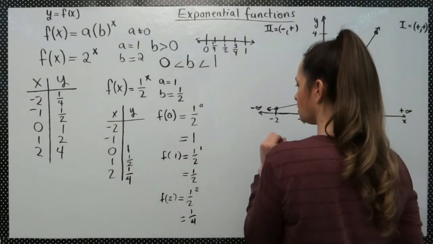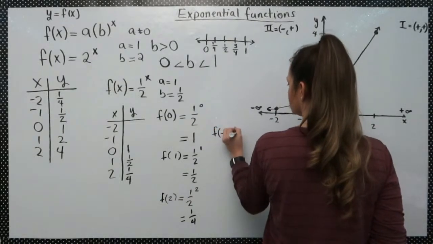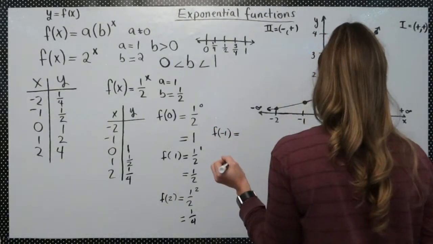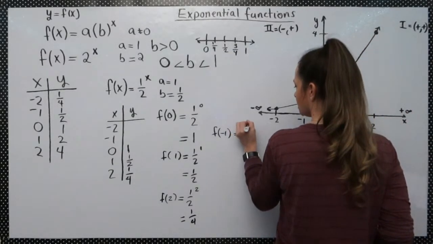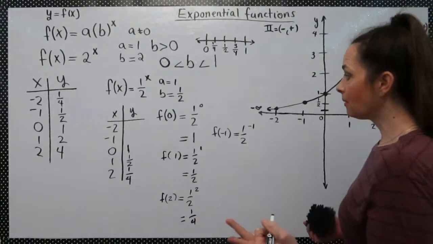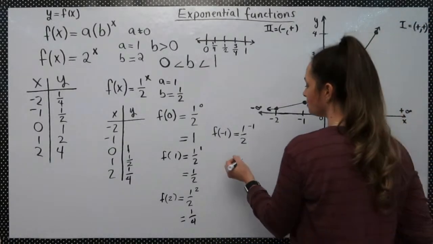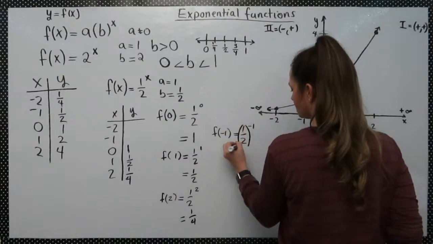And we'll go back to our negatives now. So f of -1, I just like to do the easy part first. 1/2 to the -1 now. We have to remember those negative exponent rules, and parentheses might help us at this point.